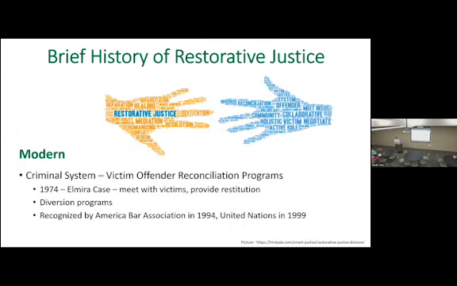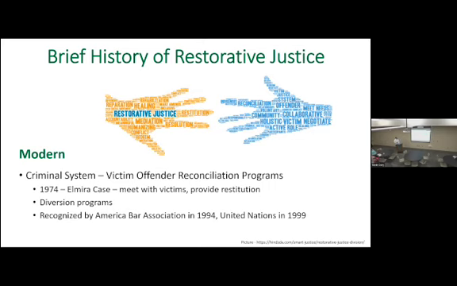So even though it comes from these very historical roots in Indigenous cultures, in the modern day, really in the 70s, especially around the Elmira case, which is one of the first instances of victim offender reconciliation programs, it's been adopted as something that provides an opportunity for all stakeholders to be involved in how we repair relationships, how we repair harm that exists.